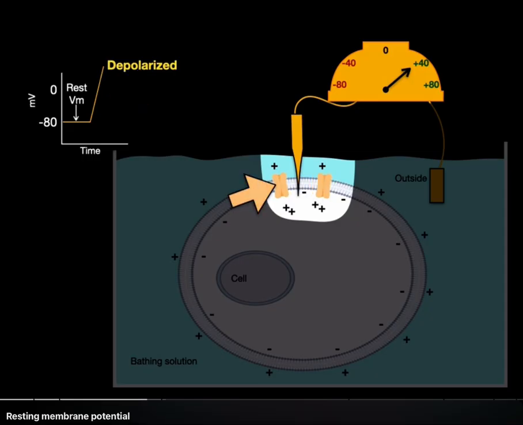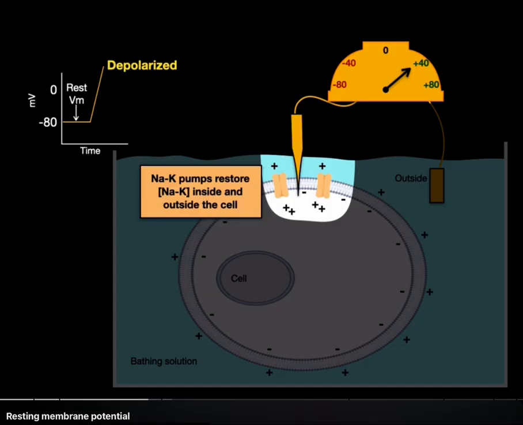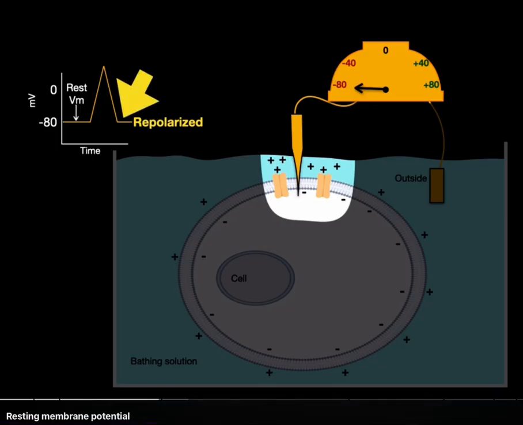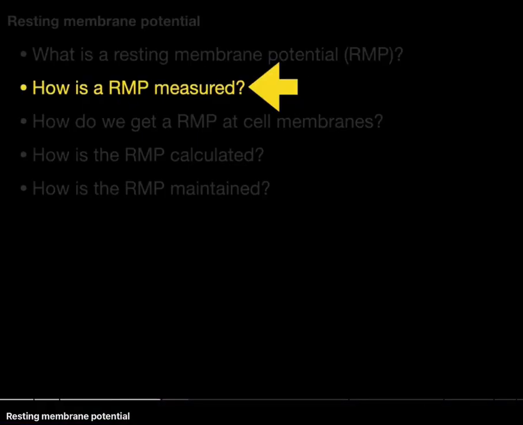But then we close those sodium channels, and the sodium-potassium pumps restore the concentration of sodium outside and potassium inside the cell, and so we repolarize. So we now have more positive ions outside relative to the inside, which shows negative 80 millivolts on the voltmeter, and we have repolarized this membrane.